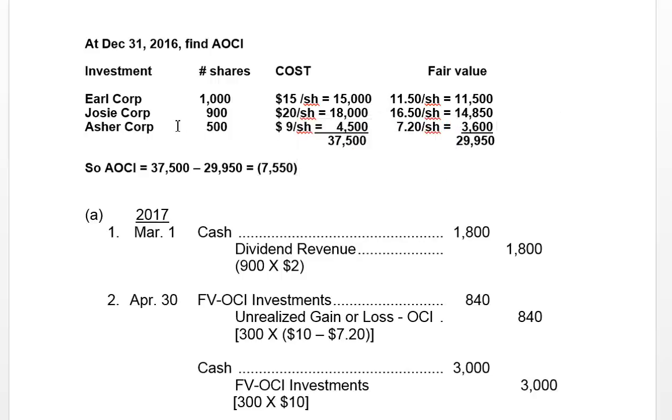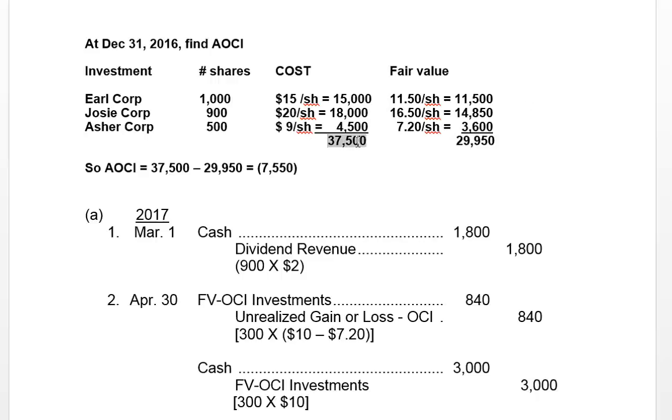So in this particular case, the fair value through OCI investment portfolio has shares of three different companies in it: Earl, Josie, and Asher. And they've told you that at the end of 2016 how many shares of each different company there is in the portfolio, the original cost of each of the shares that they have, and the fair value of those shares at the end of 2016.